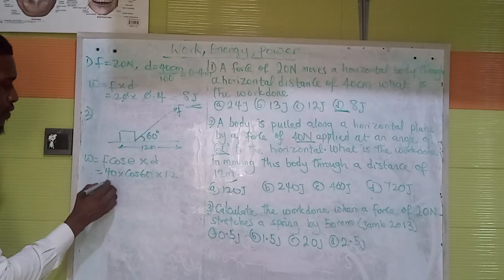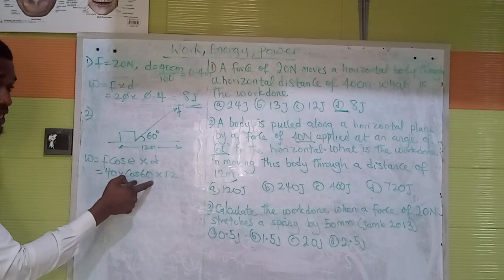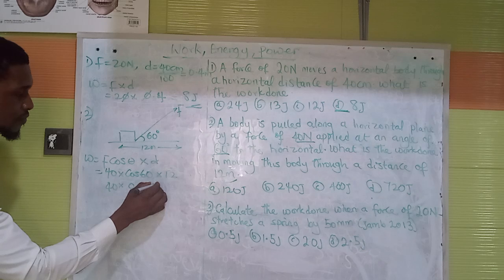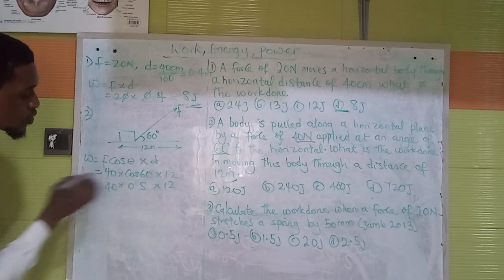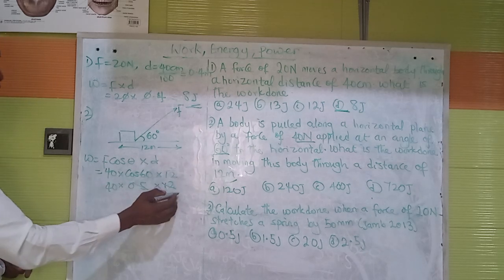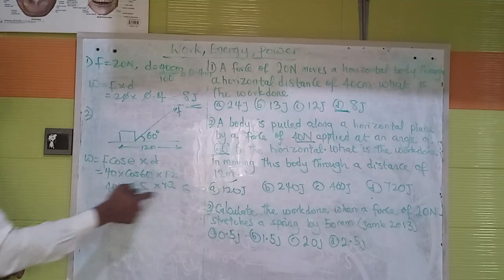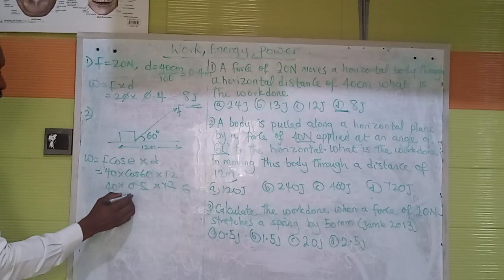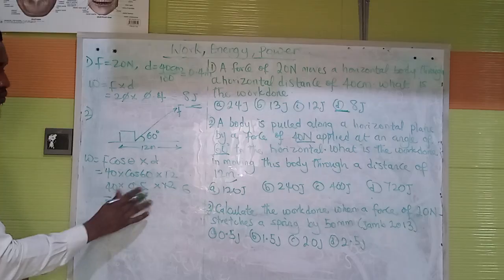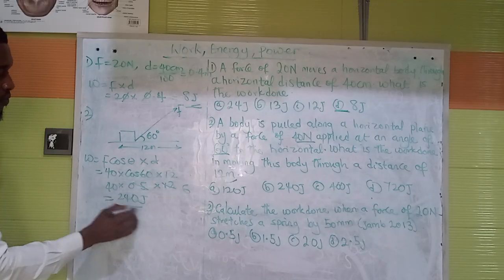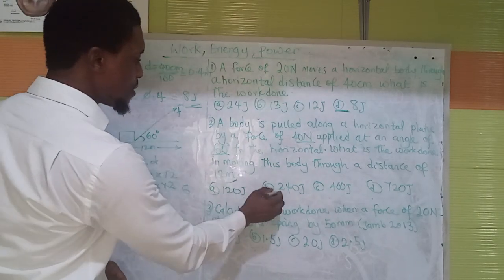Cos 60 is 0.5, that's half, times 12. Half of this is 6. So 6 times 40 is going to give us 240 joules. So our answer is B.